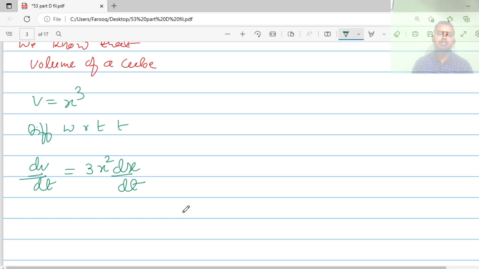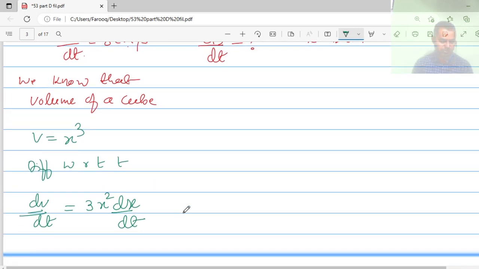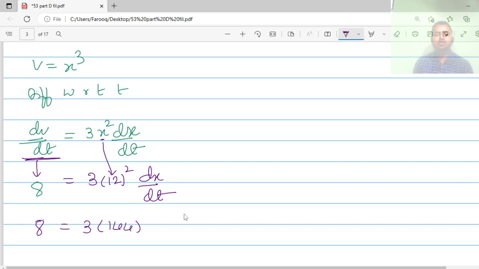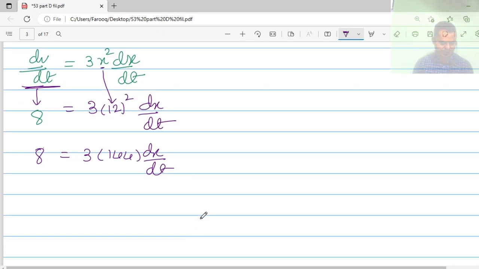What is dV by dt here? Length of an edge of the cube is 12, it is given. dV by dt is 8. This dV by dt we are writing as 8. 3 as it is. In the place of x we have 12 square. 12 square as it is, into dx by dt. Now 8 as it is, 3 into 12 square means 3 into 144, into dx by dt.